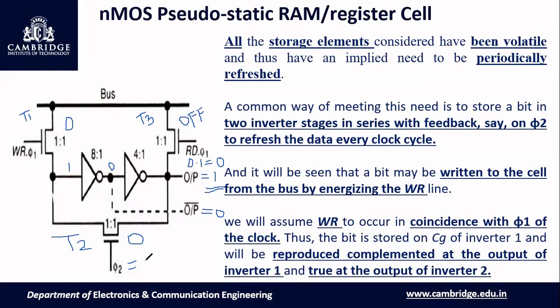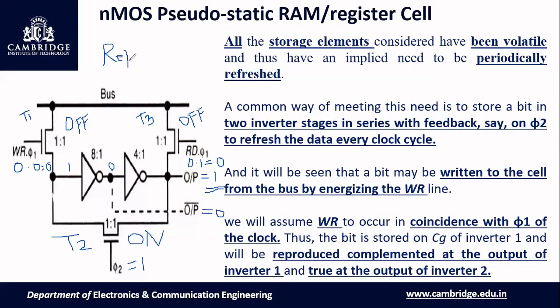When you make phi 2 equal to 1, your T2 transistor will be on, and here we'll make write as 0, and phi 1 should be 0, so that WR.phi1 will be 0. Then your T1 transistor will be off. Getting it, no? This is for refreshing.